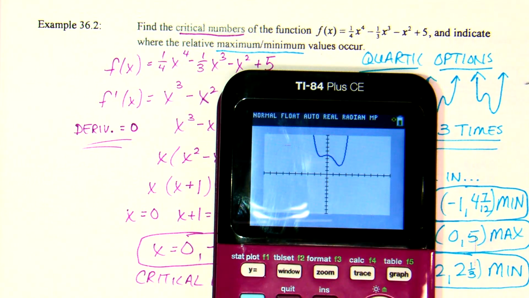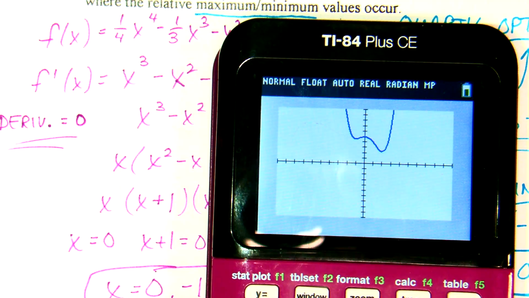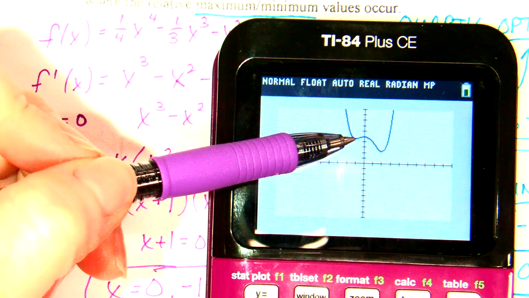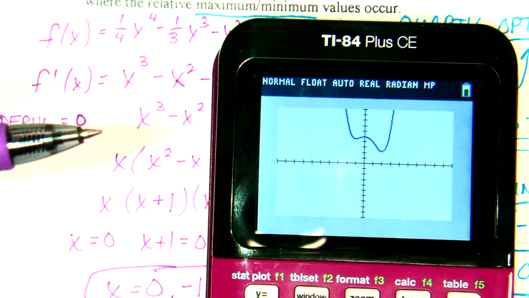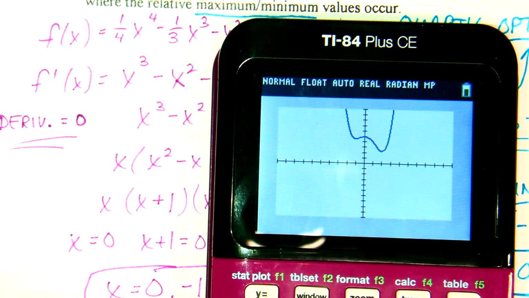It's there, isn't it? You can kind of see min, max, min. And even if you wanted to check one of your mins or maxes, it should agree with what we found. But again, I'm also trying to train you guys. We can't always just jump to that calculator as much as we want to.